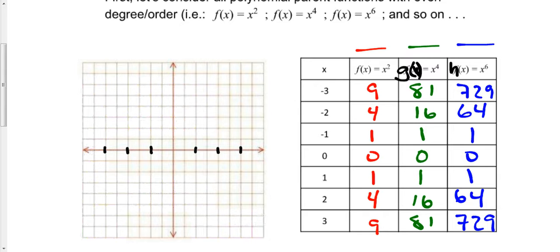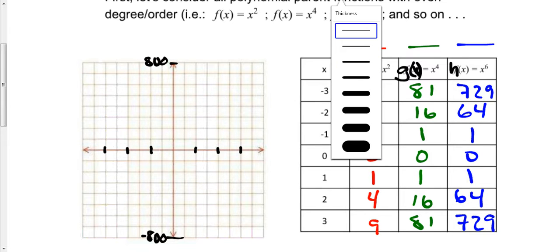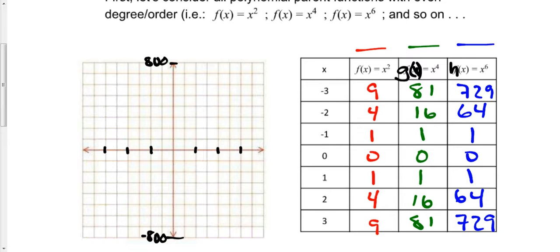So this is 800. That makes this negative 800. All right, so let's graph my red. I'm going to do regular. All right, so when x equals 0, my red function is 0, right?